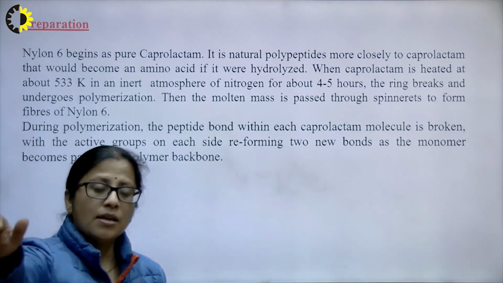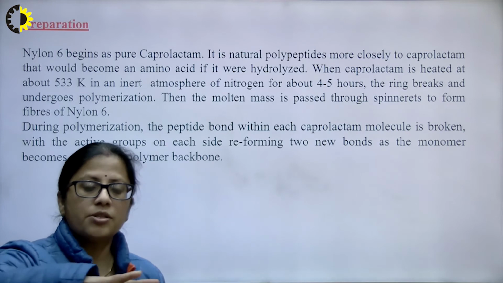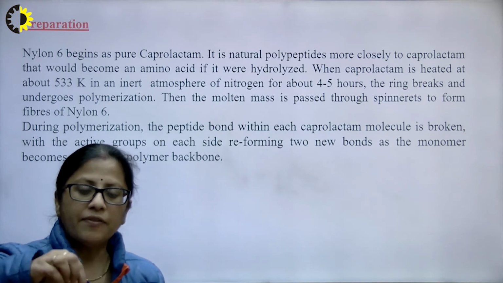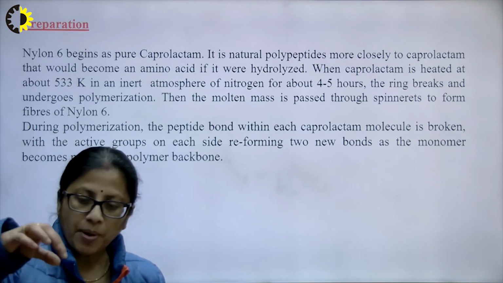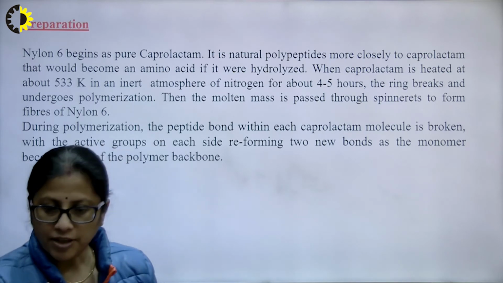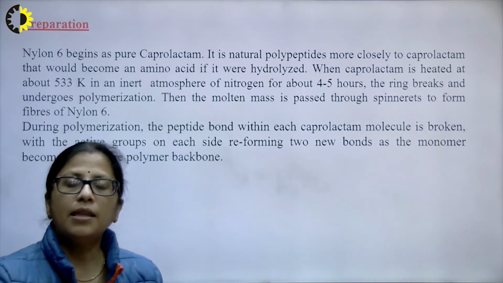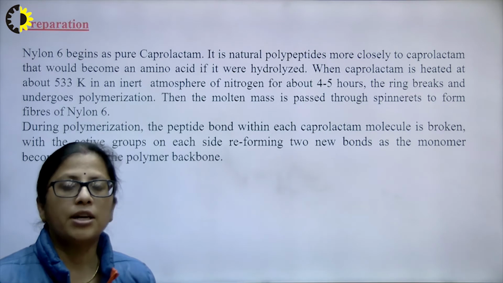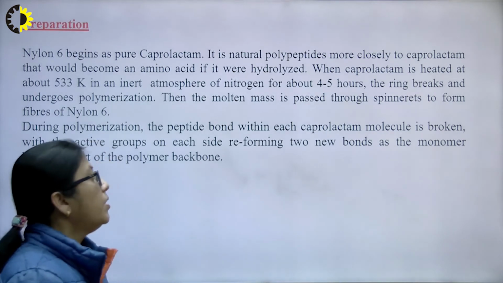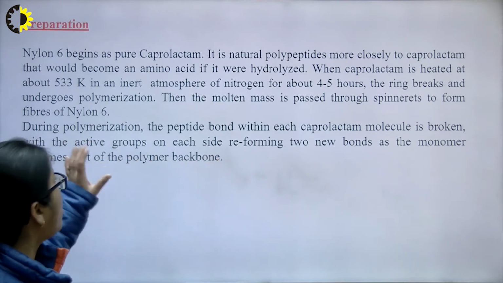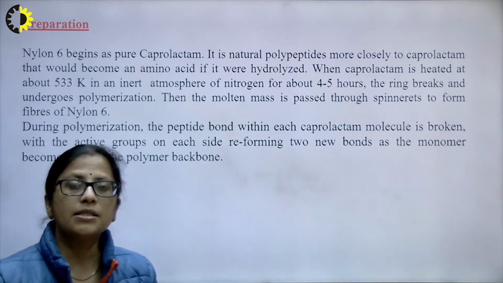A spinneret is a round structure having small holes, and when we pass the molten mass through these and stretch the threads, we get the nylon threads. So, I pass it through the spinnerets to form the fibers of nylon 6.